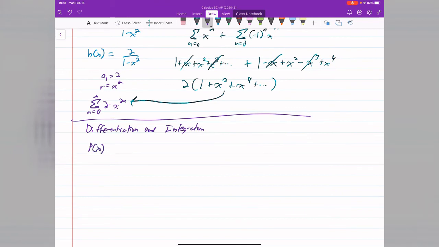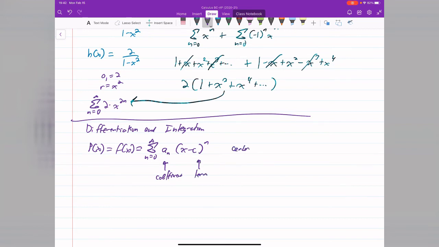So let's say that I have a function equal to a sum from n equals 0 to infinity of a sub n times x minus c to the n, just a basic power series. Remember, with a power series, you have a coefficient and you have a term, and this term is centered at c.